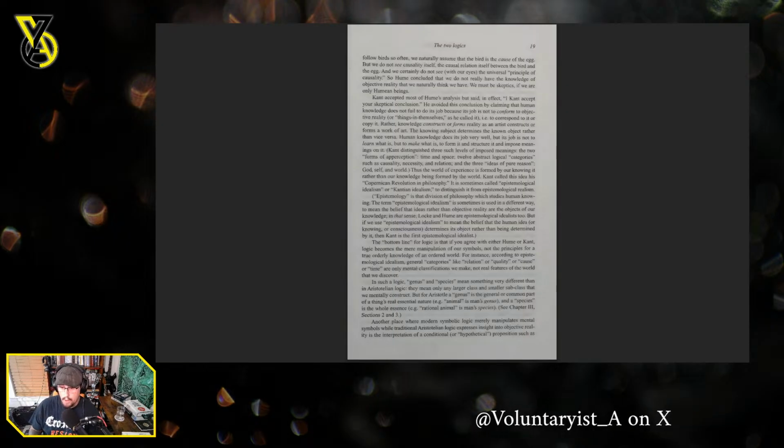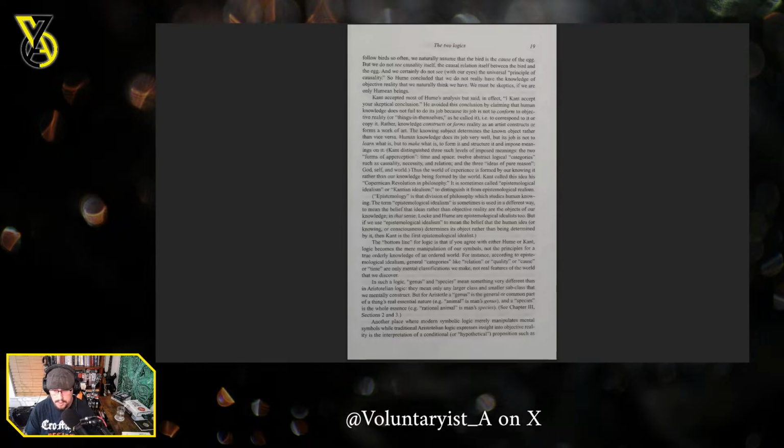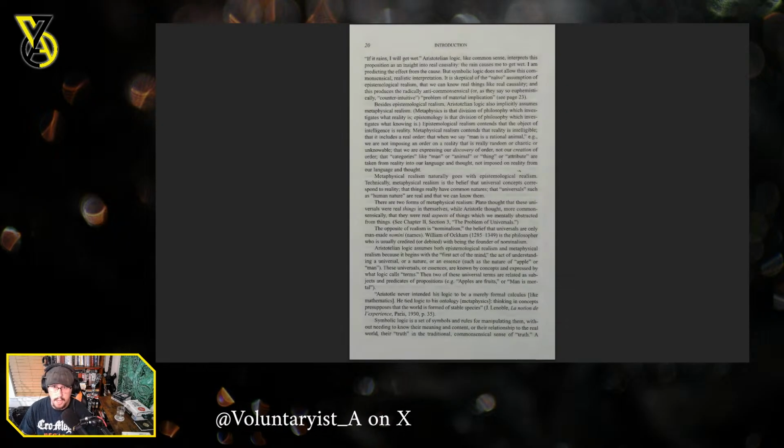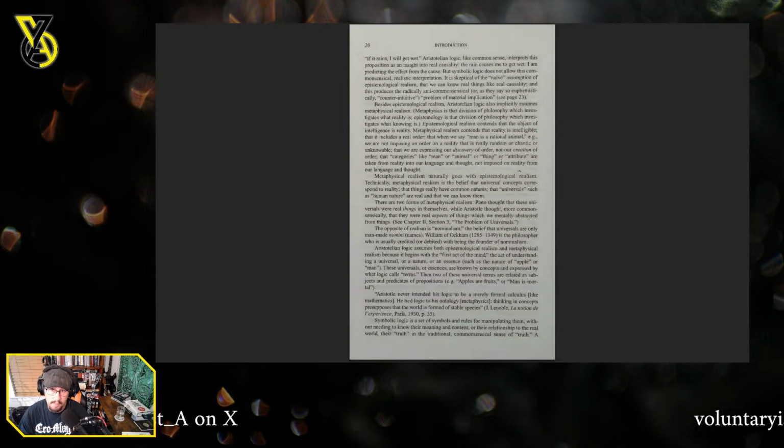Another place where modern symbolic logic merely manipulates mental symbols while traditional Aristotelian logic expresses insight into objective reality is the interpretation of a conditional or hypothetical proposition such as, if it rains, I will get wet. Aristotelian logic, like common sense, interprets this proposition as an insight into real causality. The rain causes me to get wet. I am predicting the effect from the cause.